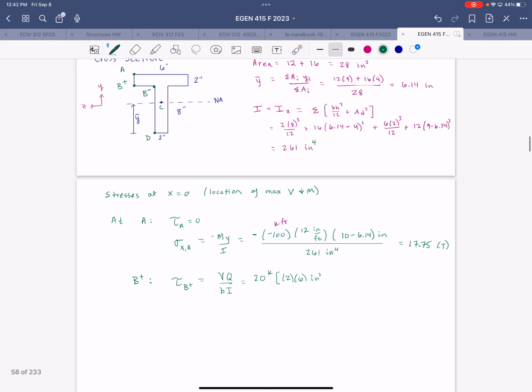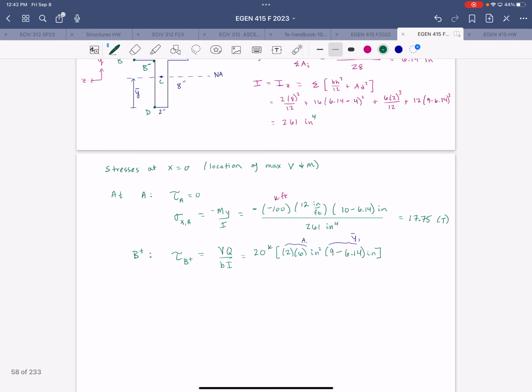Okay, 9 minus 6.14. Whoa, did not mean to erase. There we go. All right, so that's A1, and that's y1 bar.